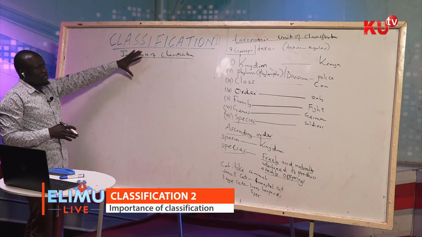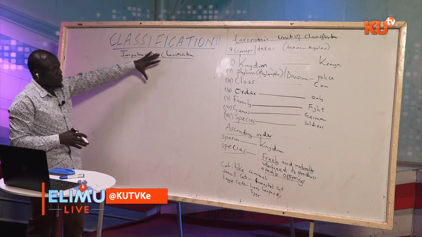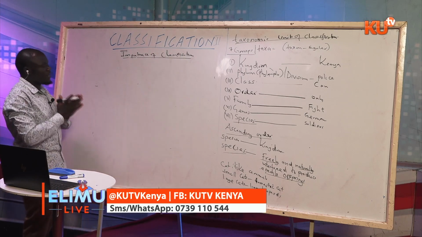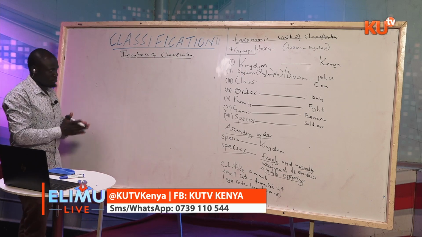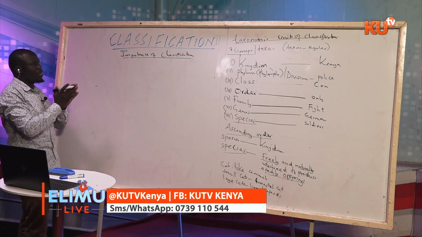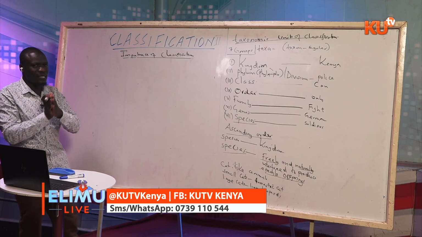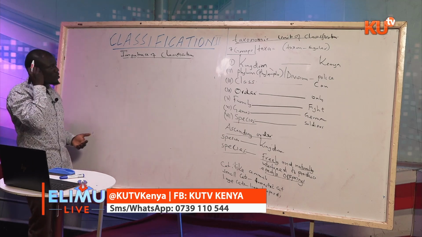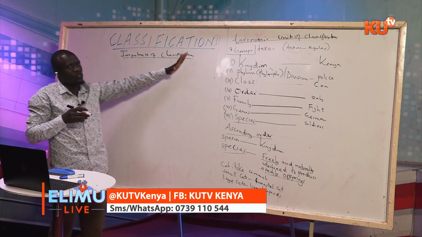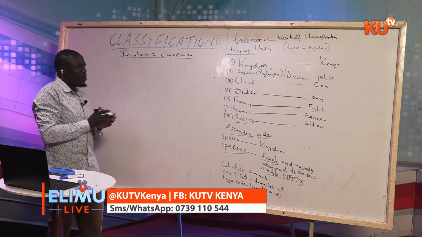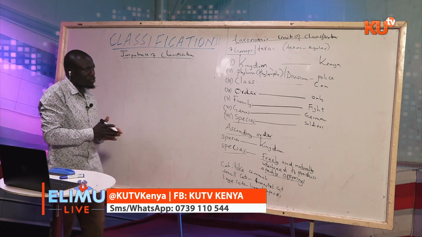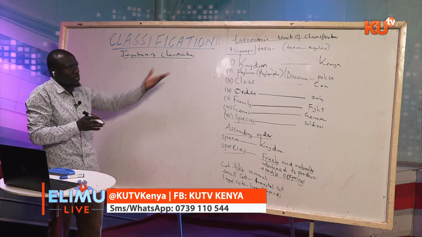Another thing that we are told about classification is that if we do classification, we are able to come up with a common name that is going to be understood by all the scientists across the world. And if we come up with a common name understood by all scientists across the world, that means we'll be able to enhance communication among the scientists across the world.